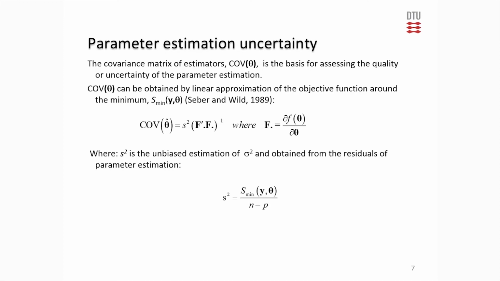The covariance matrix can be estimated by first-order Taylor series approximation of the model F around the minimum point. The partial derivative of F with regard to θ provides F, which is the Jacobian matrix of the system. The multiplication of F transposed with F is also known as the Fisher information matrix, FIM.